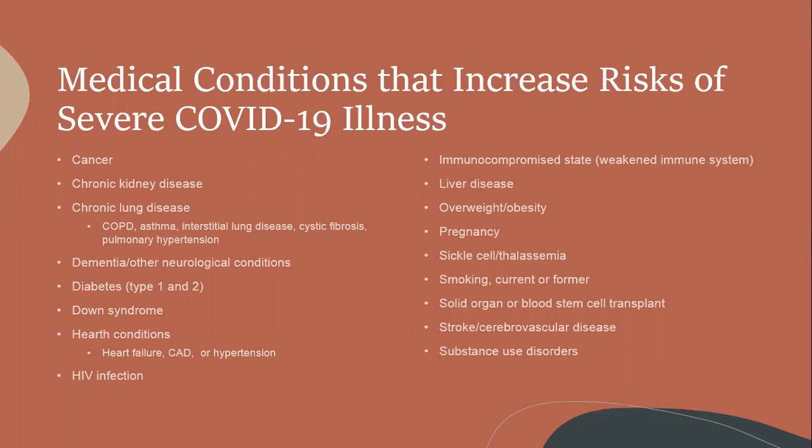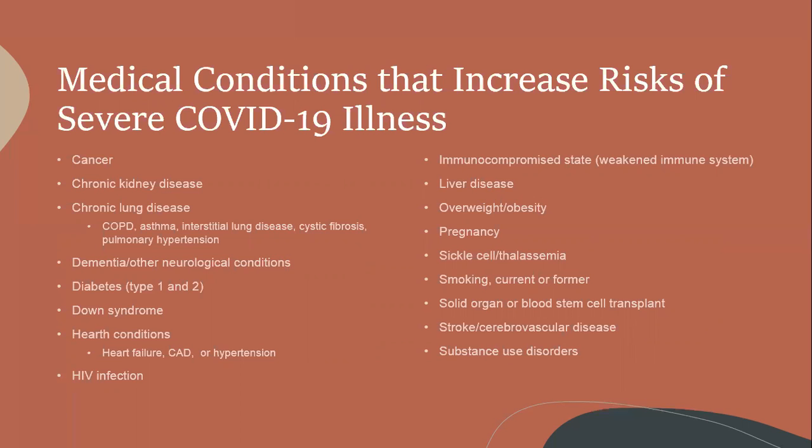Back to the medical conditions. The medical conditions that increase risk of severe COVID-19 illness are the following. You have cancer, chronic kidney disease, and chronic lung disease, which includes COPD, asthma, interstitial lung disease, cystic fibrosis, and pulmonary hypertension. You also have dementia and other neurological conditions. You have type 1 and type 2 diabetes, Down syndrome, heart conditions.